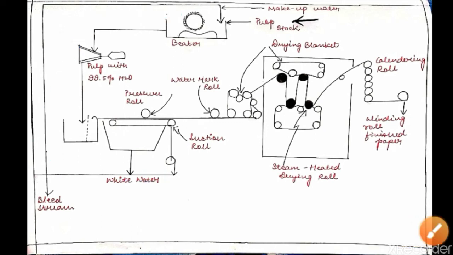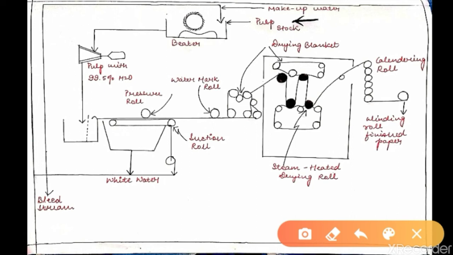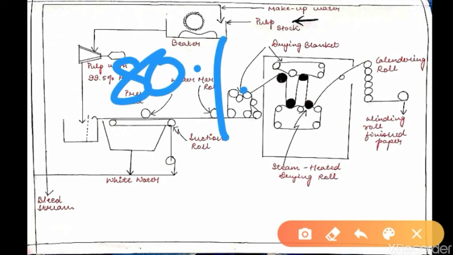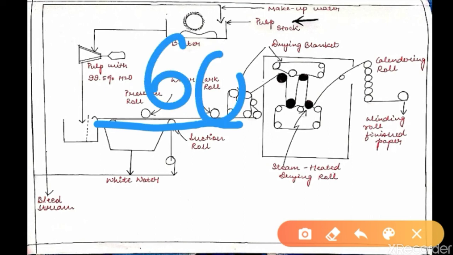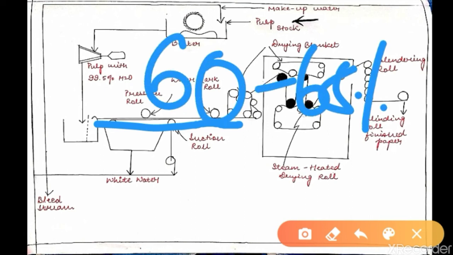Now the wet roll, after wave formation, contains 80% water. Then the wet paper sheet, which contains about 80% water, is fed via the felt roll to the press section, where the water is removed by mild pressure to reduce the content to 60 to 65% water.